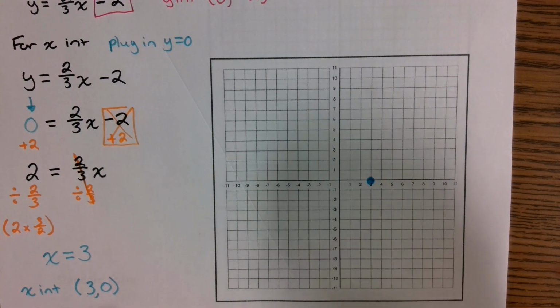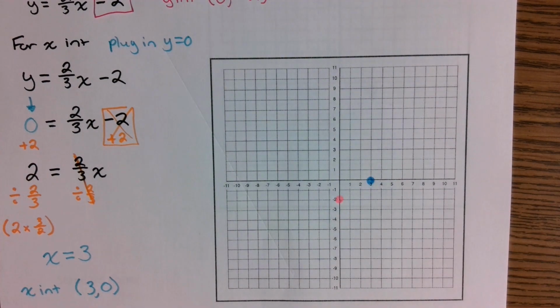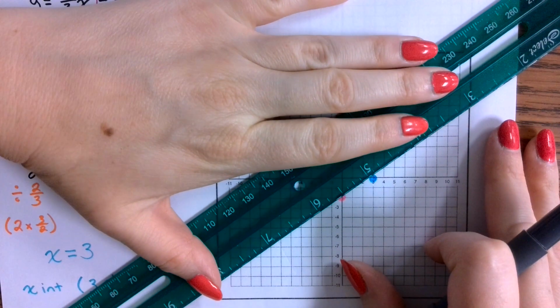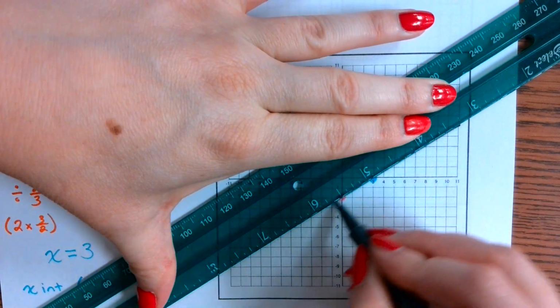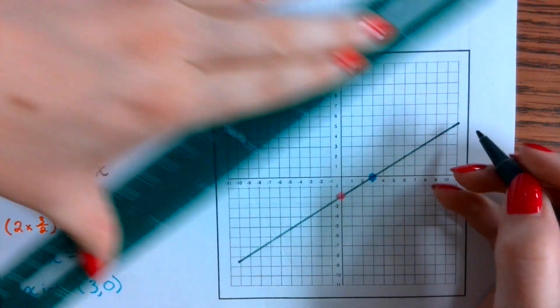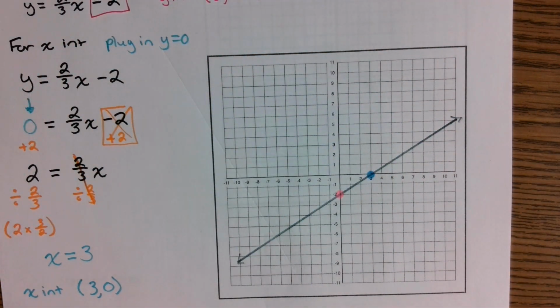And then 0, -2 is located right there. And now I can go ahead and connect them. I only need those 2 points graphed to connect. And there's my line. That's it.